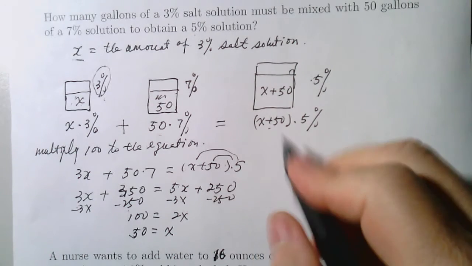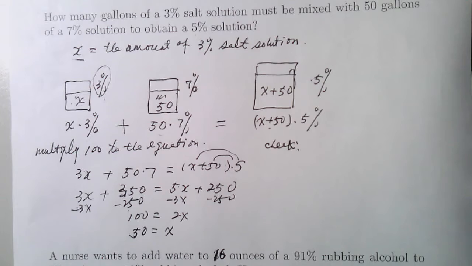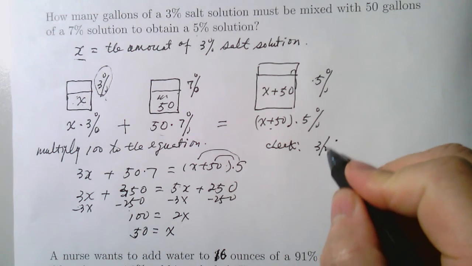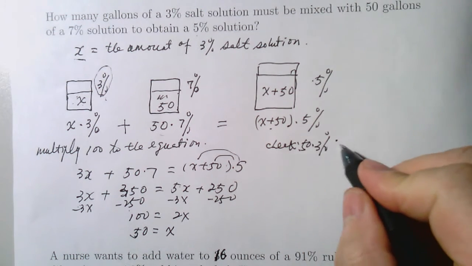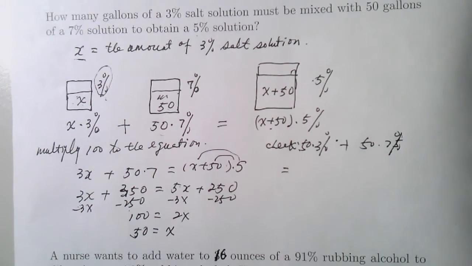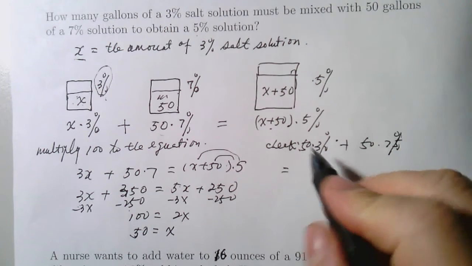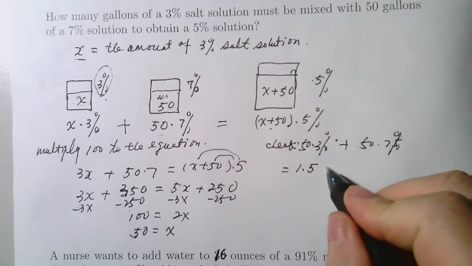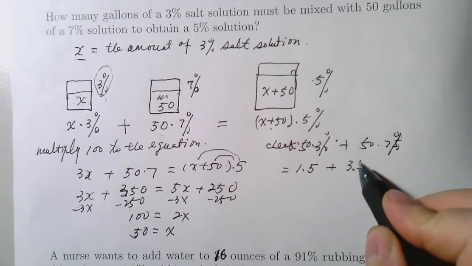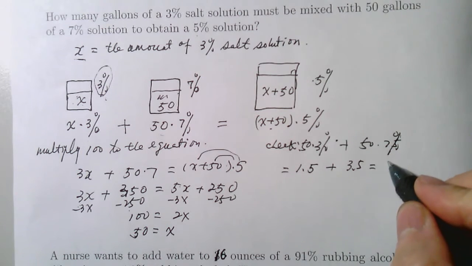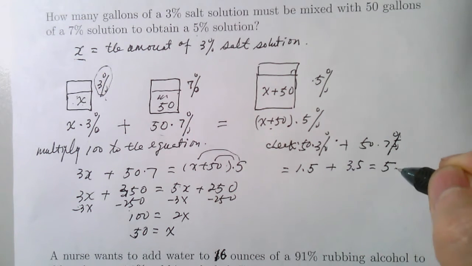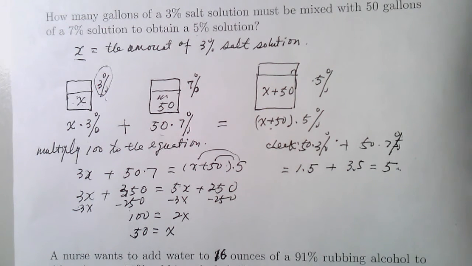Let's check. 3% times 50 plus 50 times 7% gives us 1.5 plus 3.5, which is 5 pounds of salt.